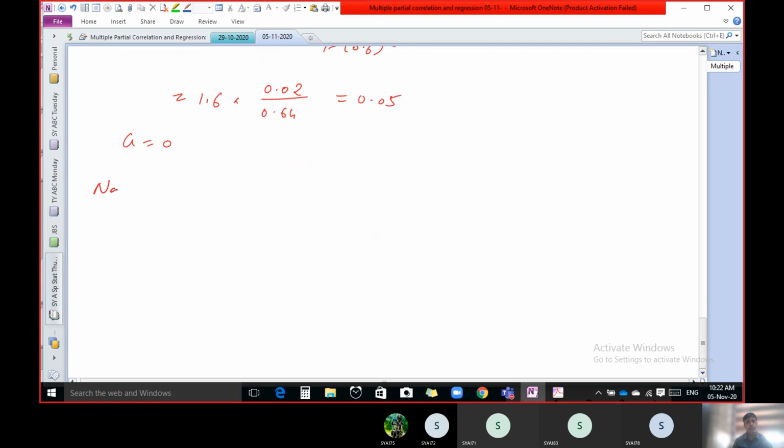Now the regression line of x2 on x1 and x3 is x2 equal to 0 plus 0.625 x1 plus 0.05 x3.